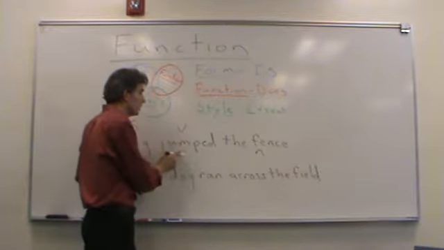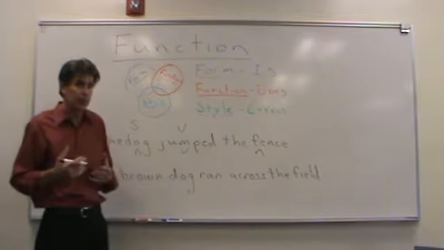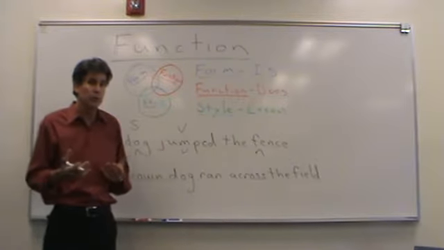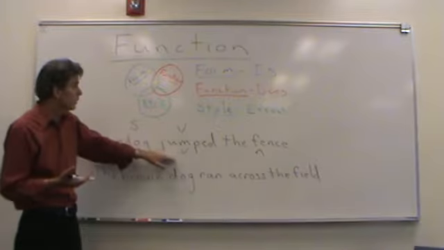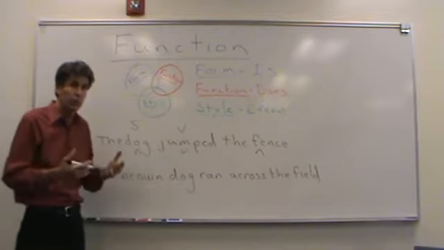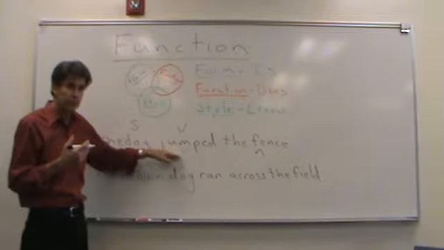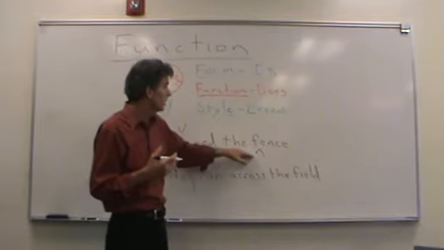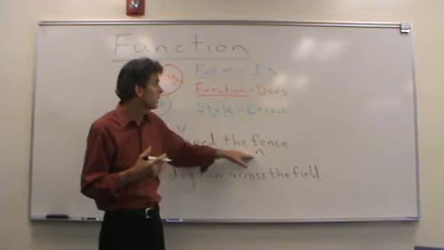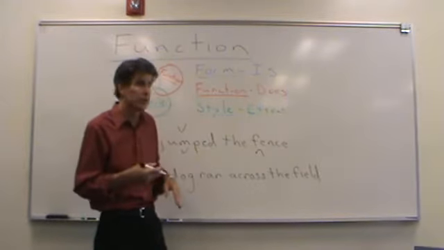So it does what it is. It overlaps there. That can create some confusion for folks. You can be one thing and do something different, or you can be one thing and really do that thing too. So verbs can be a form and function together. The fence, right here, is a noun, but what it does is it functions as the object.